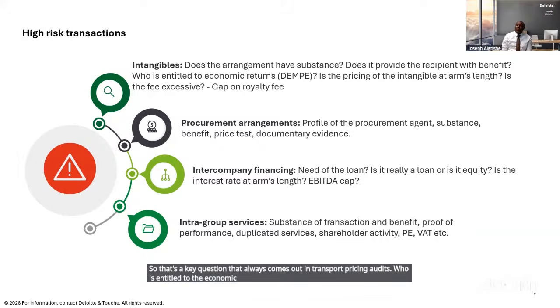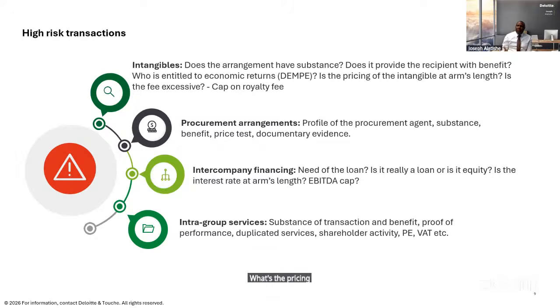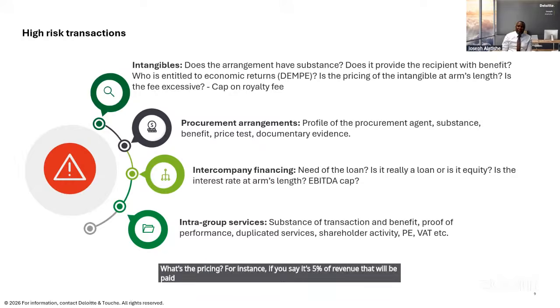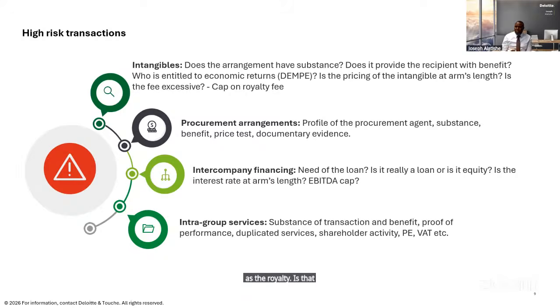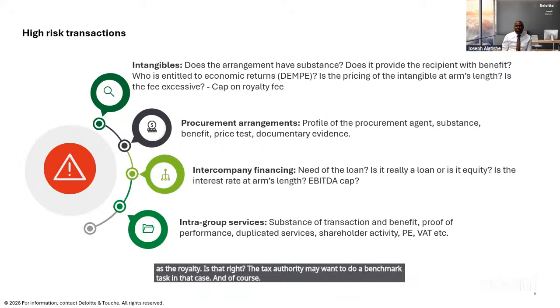economic returns? So the next question is the pricing at arm's length. The next thing the tax authority may look at is what's the pricing. For instance, if you say it's 5% of revenue that will be paid as the royalty, is that right? The tax authority may want to do a benchmark in that case. And of course, in Nigeria, for instance, is the fee excessive? We look at the cap on royalty fee.